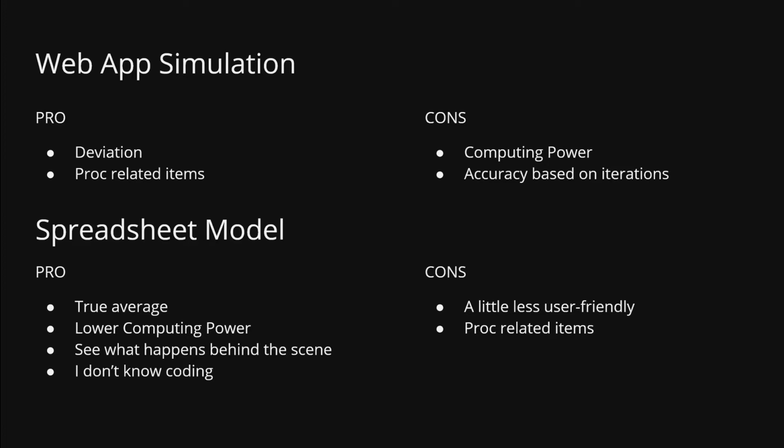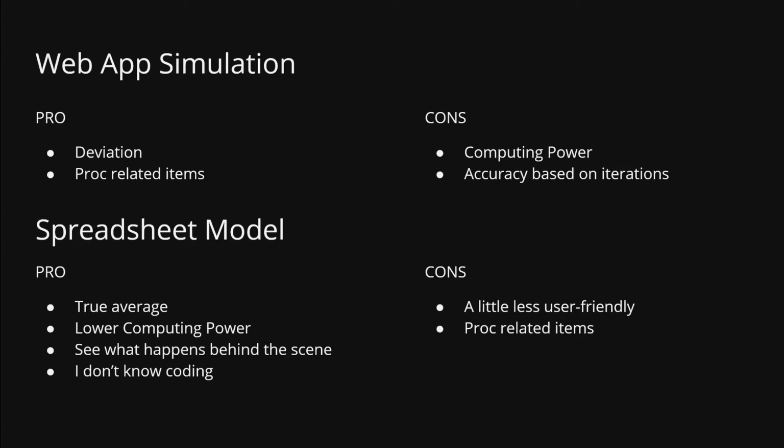The pros are that you can see the deviation between the upper limit and the lower limit on average of the DPS you'll get. So you can see the RNG component. For example, certain specs might have a lower average damage but have a higher potential RNG damage. Stuff like that isn't really shown in the spreadsheet model at the moment.